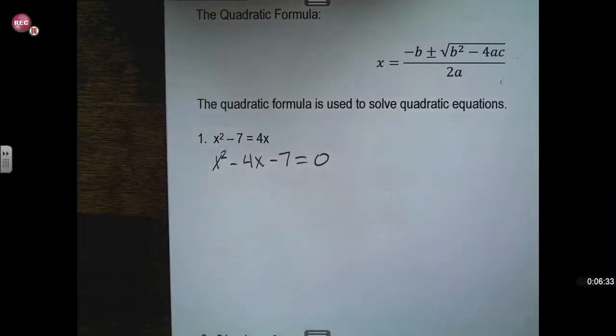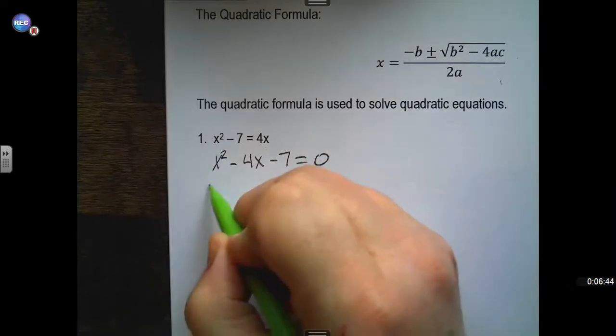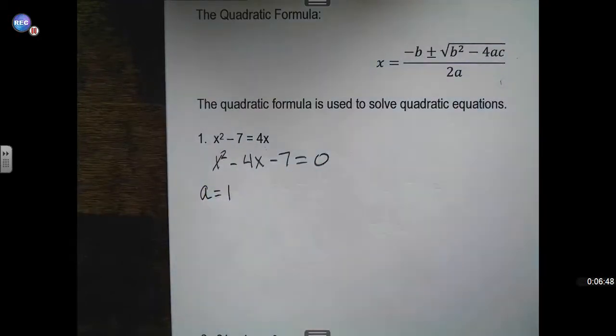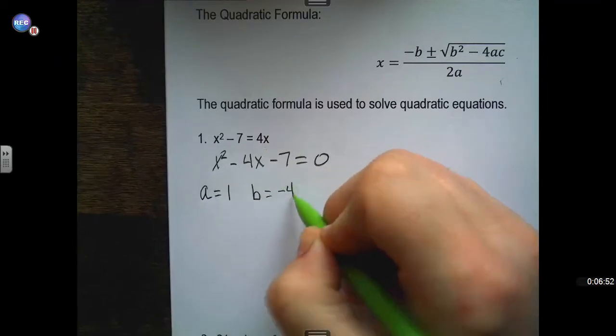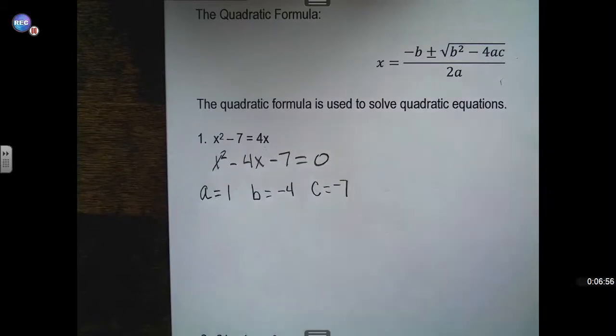Now this particular quadratic, it's quite obvious it doesn't factor. 7 is prime. The only factors are 1 and 7. That's not going to make 4. So first, I can say a is 1 because that's the coefficient of the quadratic term. b is negative 4, and c is negative 7.